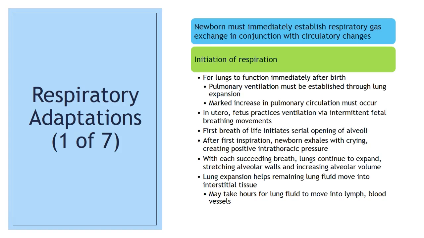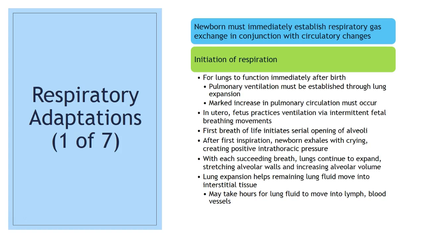So in utero, circulation does not occur in a great amount in the pulmonary system. Remember, we have the shunts, and that blood is shunted across to the left side of the heart instead of perfusing the pulmonary system.